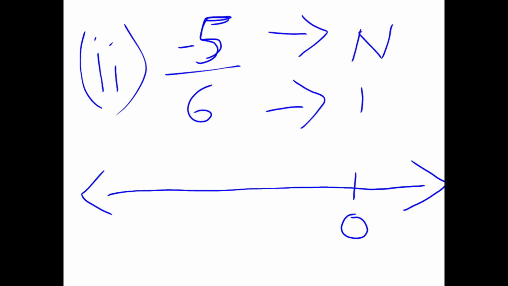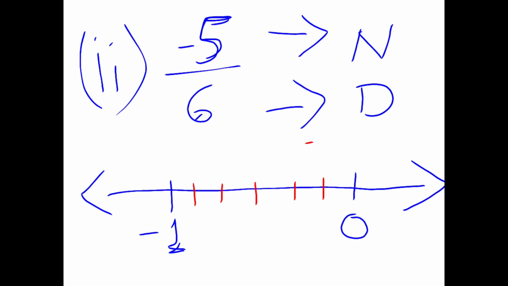Numerator is 5, denominator is 6. So denominator is greater. Here I will mark minus 1. It means it will come between 0 and minus 1. Now denominator is 6, right? So denominator 6 means after 0 we have to divide our line into 6 equal parts. 1, 2, 3, 4, 5, 6.